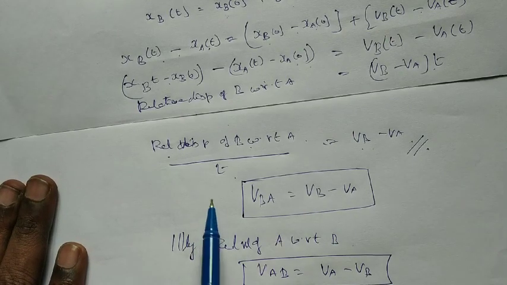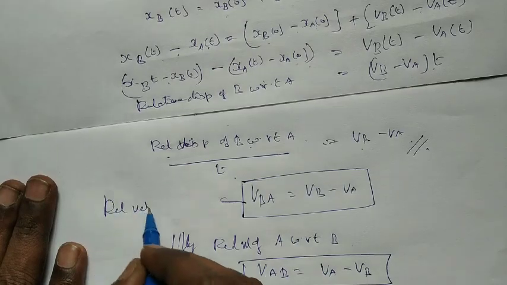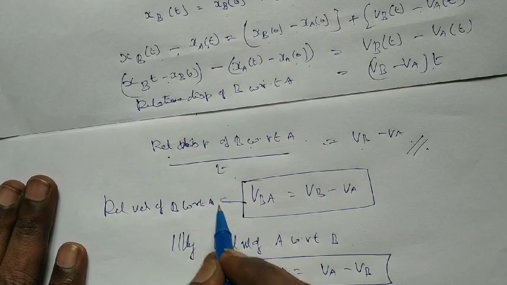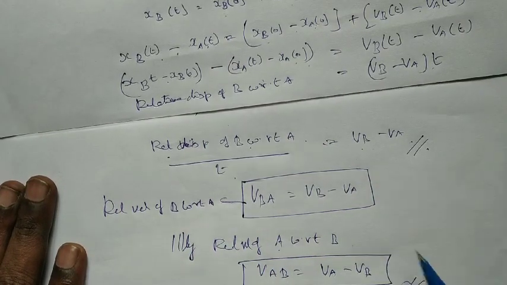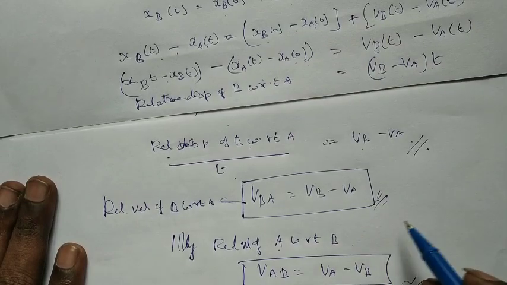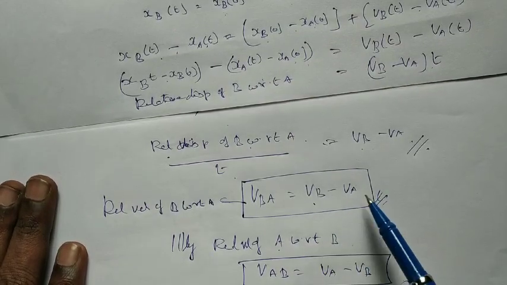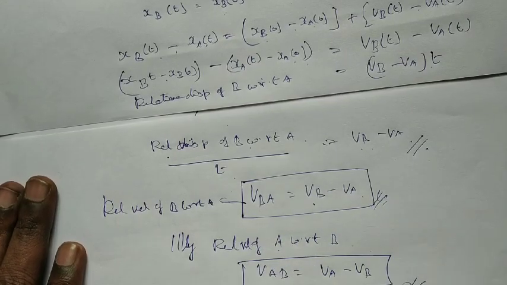This is the relative velocity of b with respect to a, and the relative velocity of a with respect to b, this way. So in short, finally, the velocity of B minus the velocity of A gives the velocity of B with respect to A. That is called the relative velocity of the two bodies.